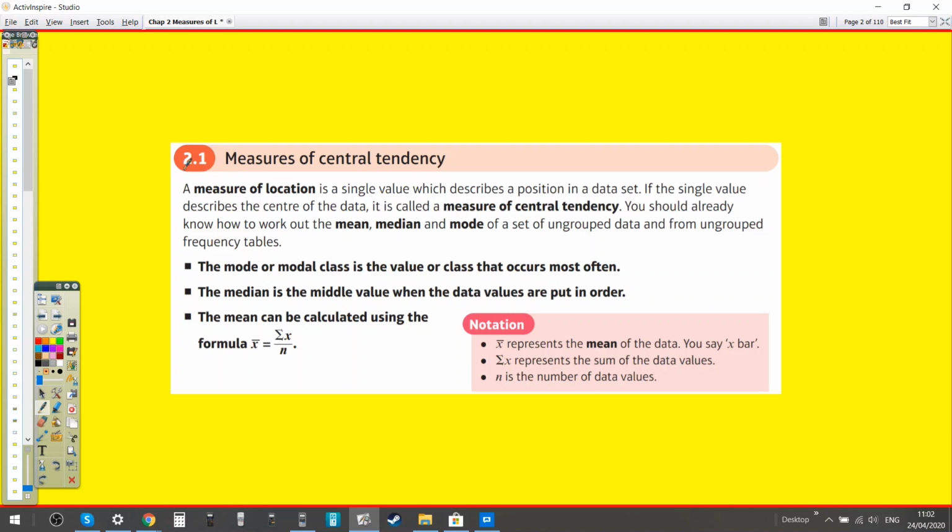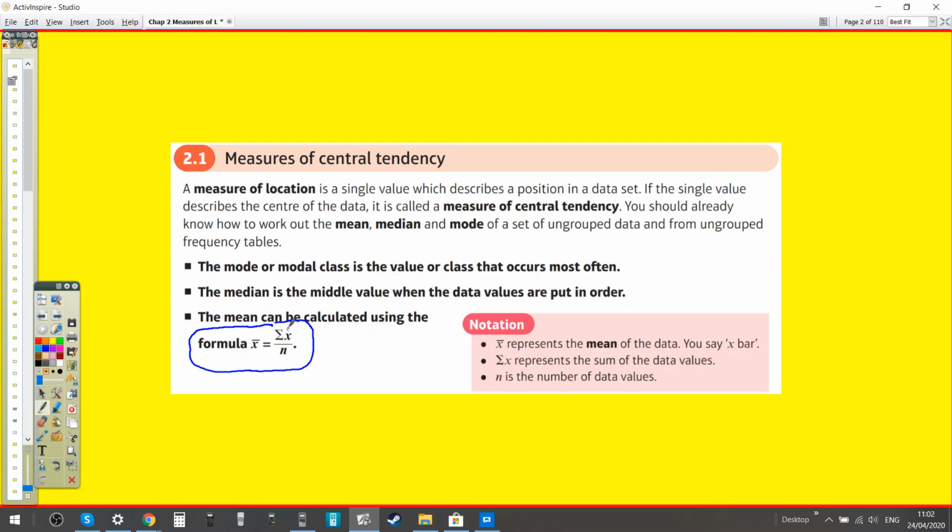So stats, measures of central tendency. All that means is averages, so like mean, median, and mode, and they'll just take it to the next level for A level. So you've got mode, modal class interval, median value, and then they will use this notation: sigma x over n.